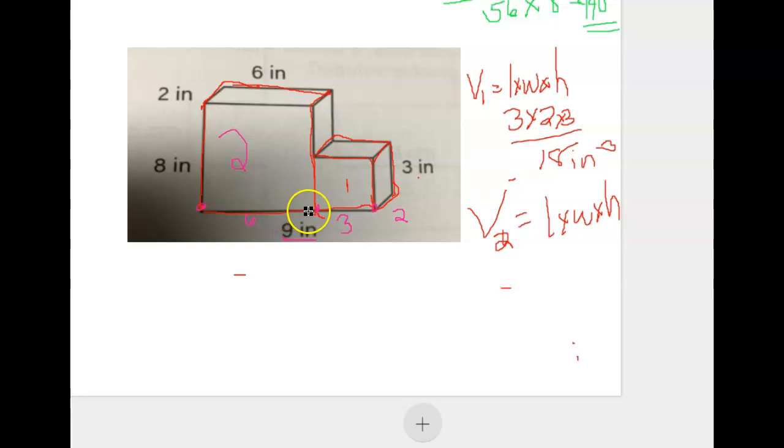So it is complete. No, I'm sorry. The height is 8. That's the height.